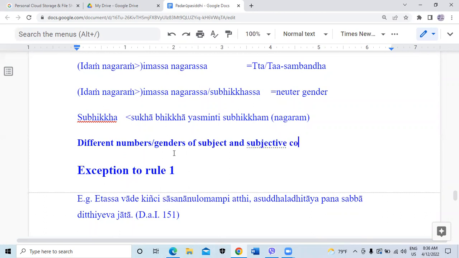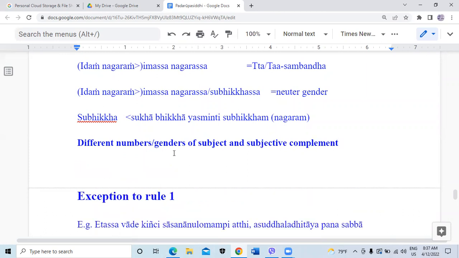Subjective complement. Okay. For example, a short sentence I will show you.